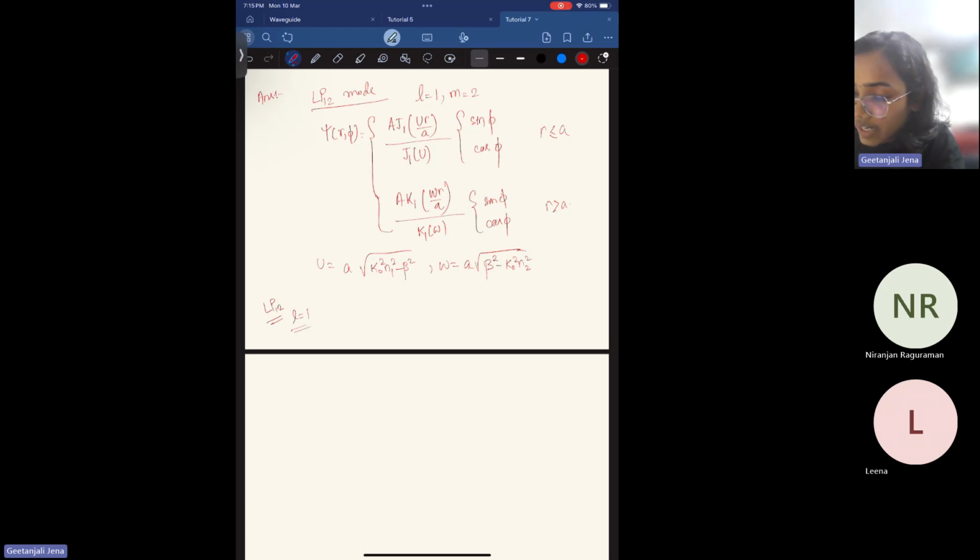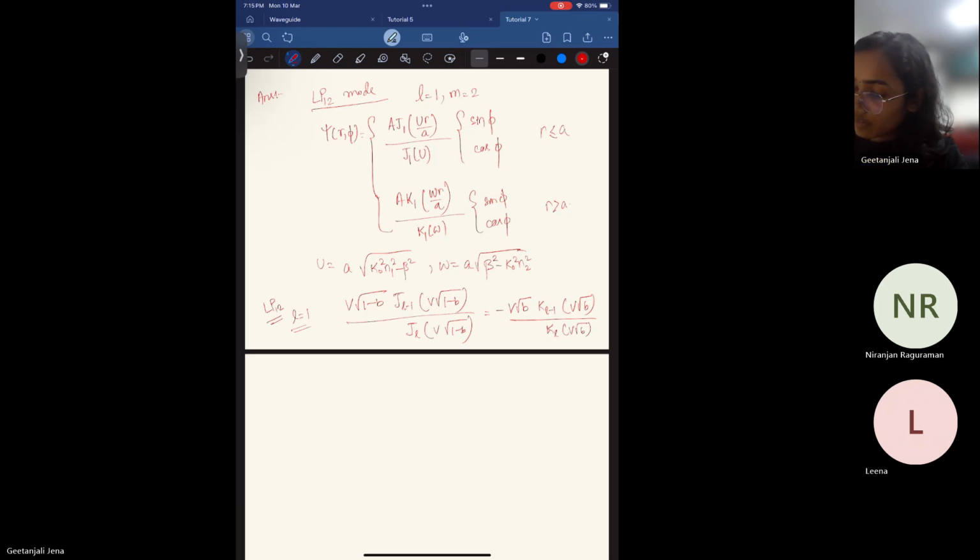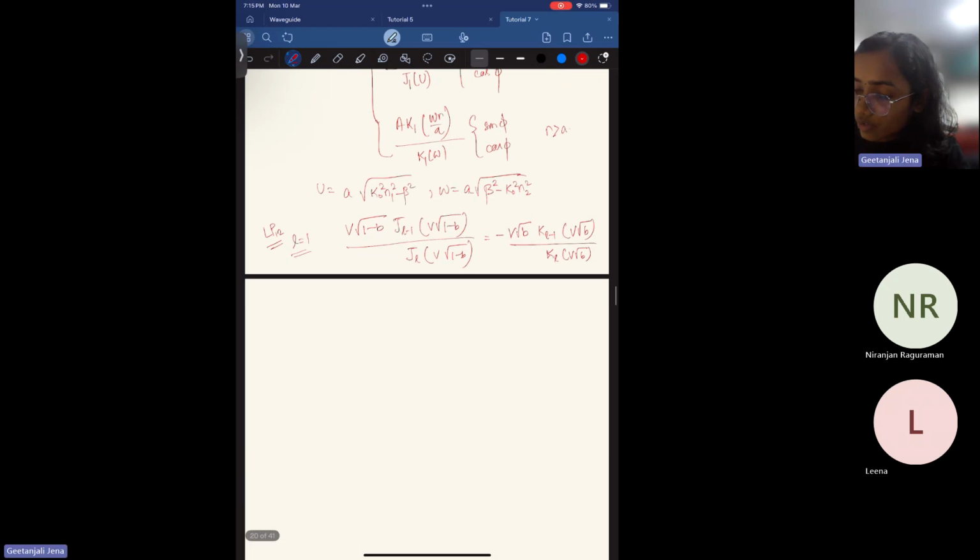So just use L greater than or equal to 1, which is V root of 1 minus B, JL minus 1 of V root of 1 minus B, over JL of V root of 1 minus B, minus V root of B, KL minus 1 of V root of B over KL of V root of B. So L is 1 here.